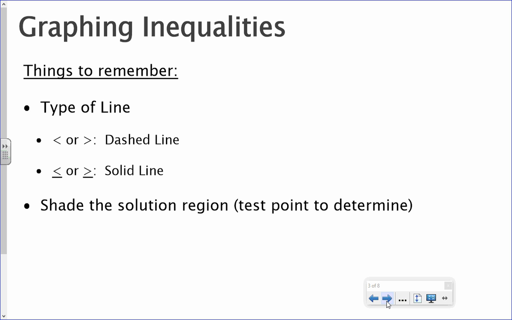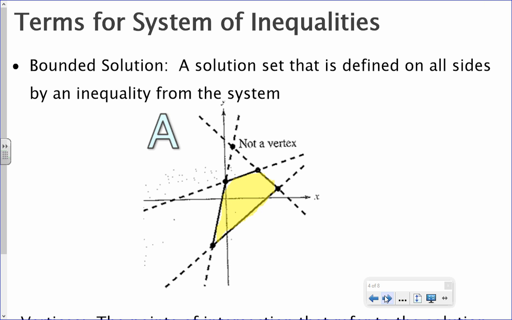But we represent those infinite solutions by shading where they are. Let's talk about how we know why we shade. You knew that you needed to shade because of the inequality. If we're on a number line, we shade on the number line. If we're on a coordinate plane, we shade the coordinate plane. All right, so 3 different kinds of solutions.